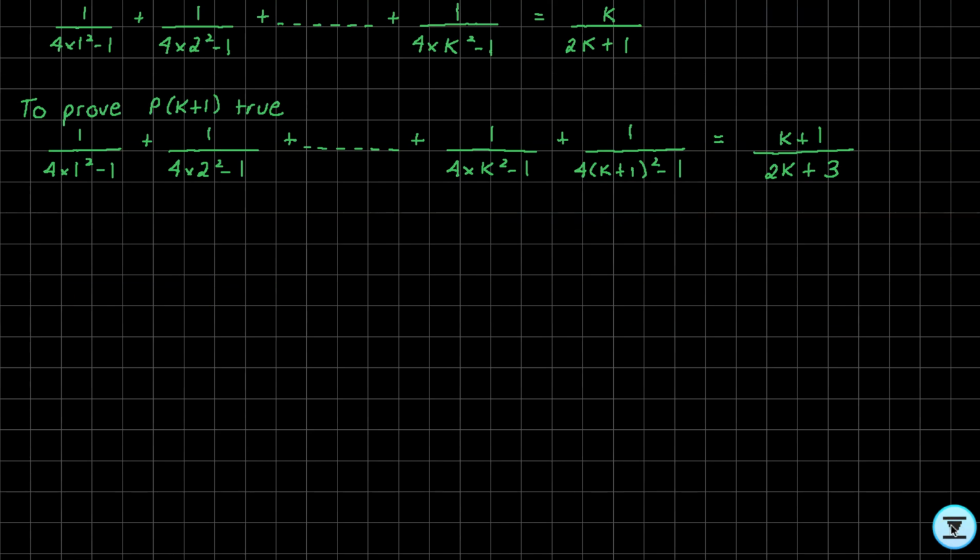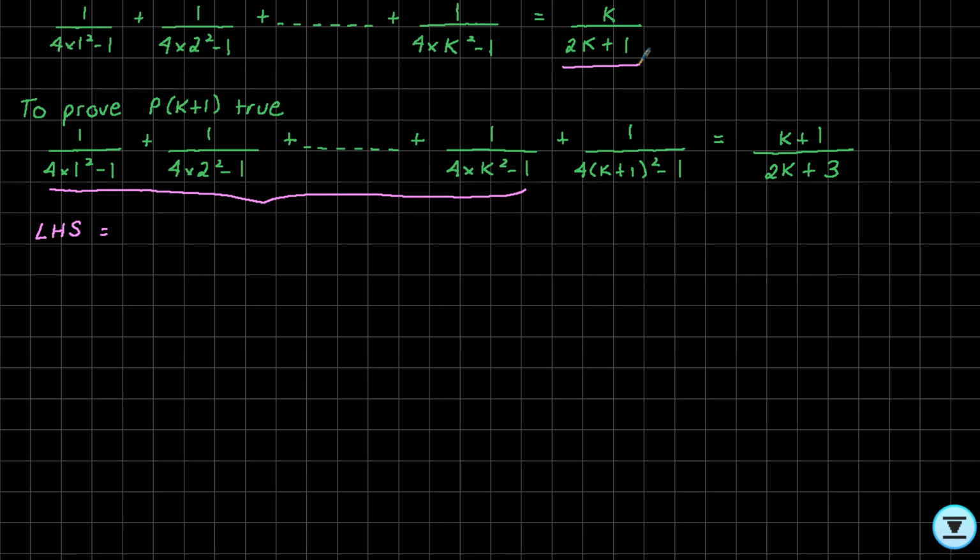Now the maths begins. Okay, so we start with our left-hand side, and we know that all of this up to here, that is your Pk. So that's this bit here.